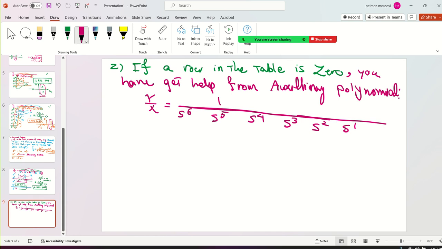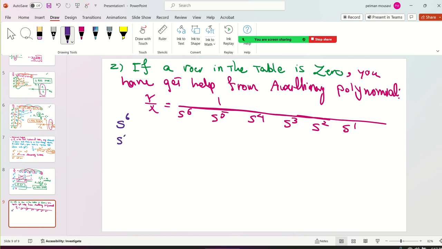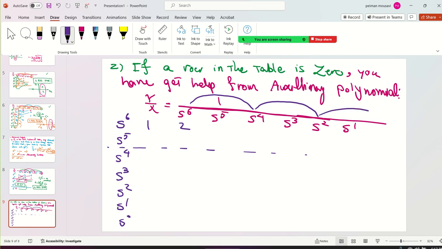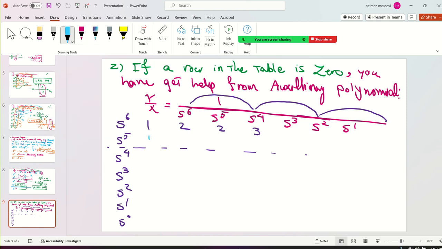So when you make the table, S6, S5, S4, S cubed, S squared, S1, S0. Then 1, 2, 3. Then 1.